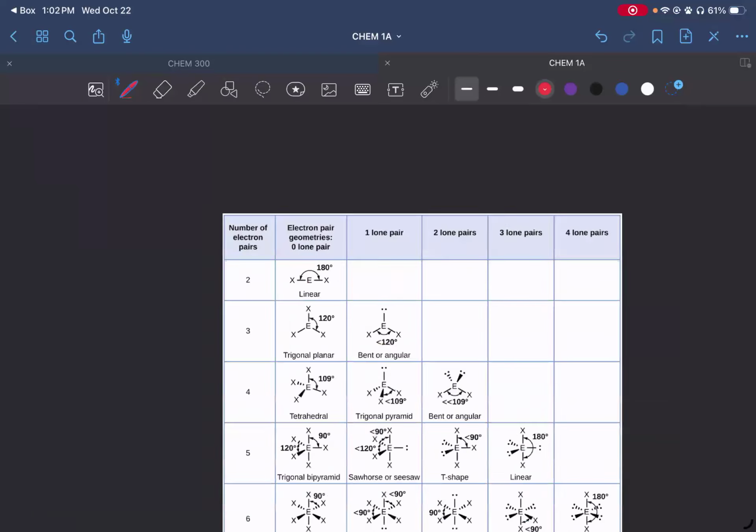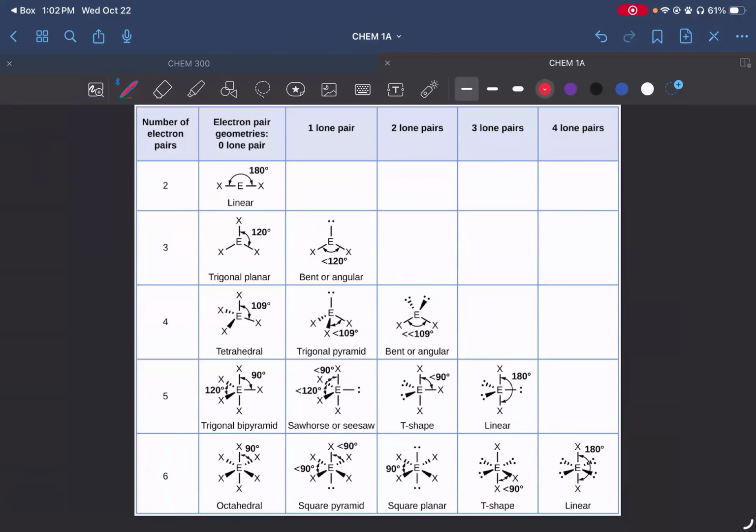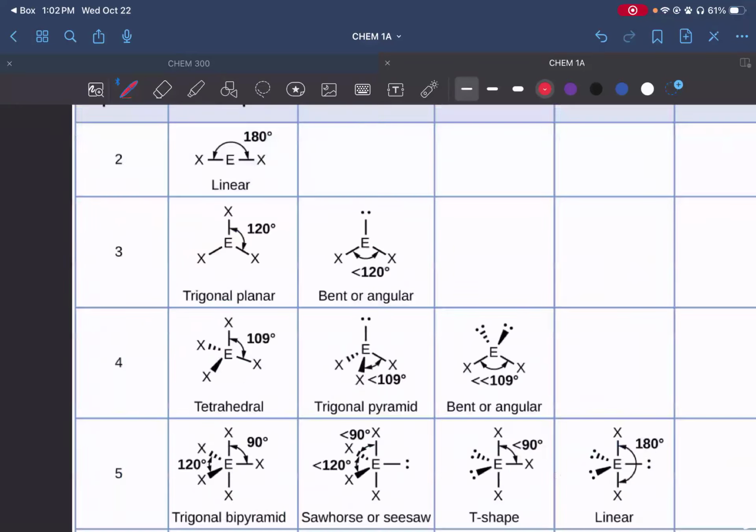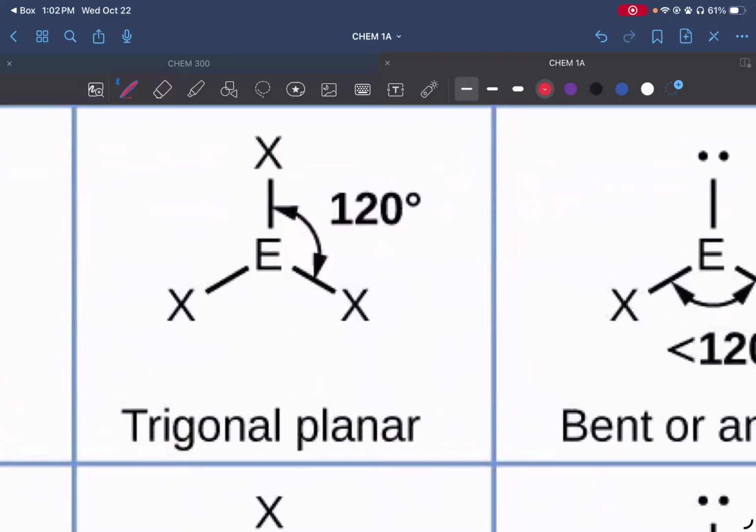Take a scan through the chart for yourself. See if you can find it. We're looking for a central atom connected to 3 atoms. No lone pairs. The answer we should all arrive at is trigonal planar.